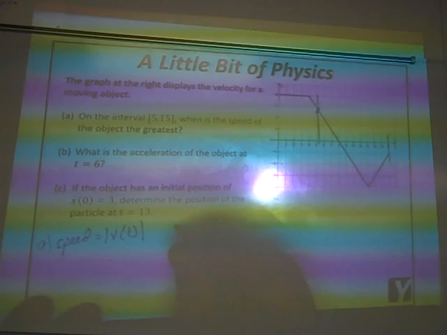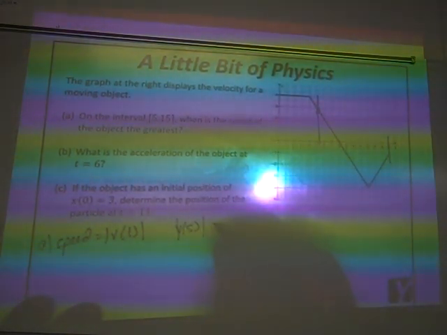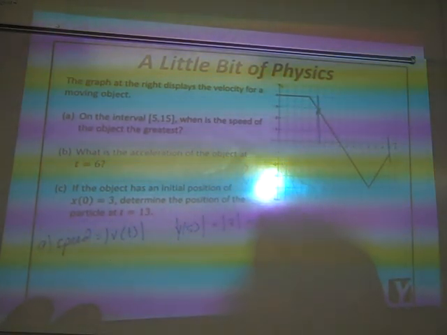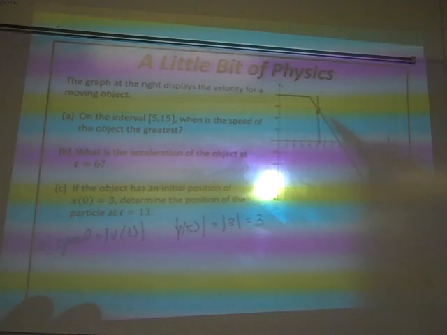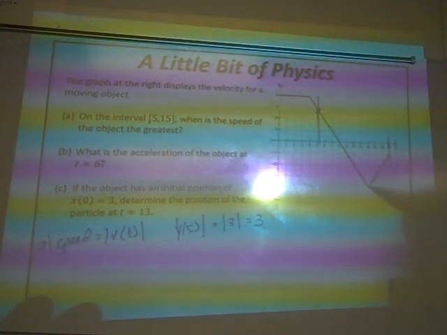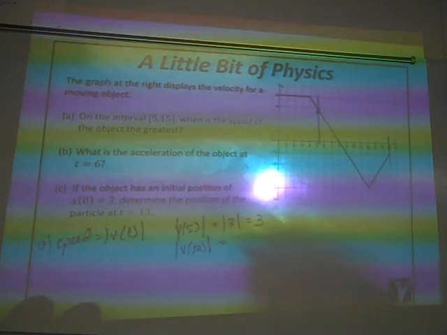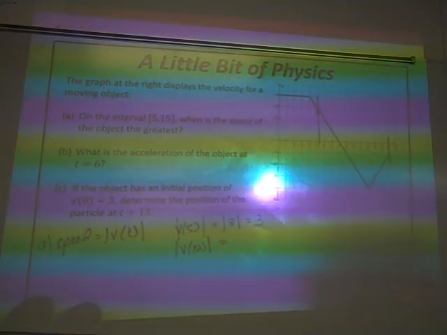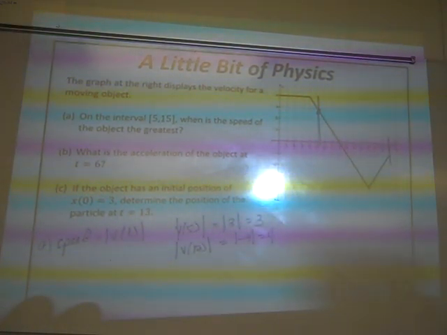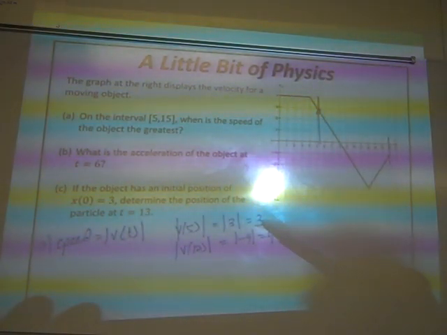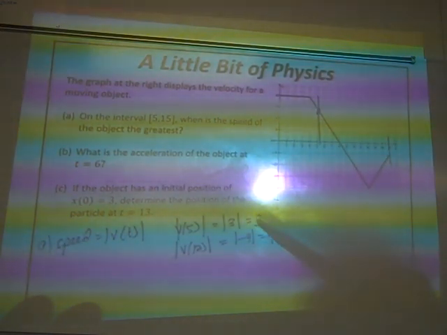So if I look at the absolute value of the velocity at 5, I'm going to get the absolute value of 3, which is 3. But over here at 12, the velocity at 12 is -4, and the absolute value of -4 is 4. Since 4 is greater than 3, the speed at 12 is greater than the speed at 5.